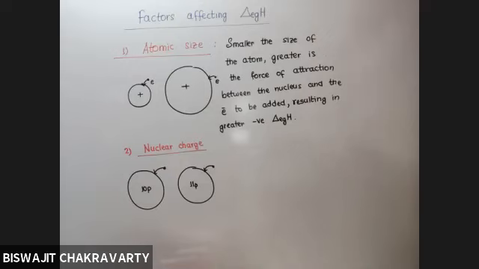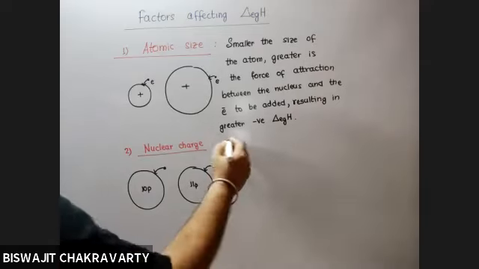Yes, sir. The more the force of attraction, the greater will be the amount of energy released, and therefore the atoms with greater nuclear charge, a higher number of protons at the center, will release a greater amount of energy, and they will have relatively more negative delta EGH.